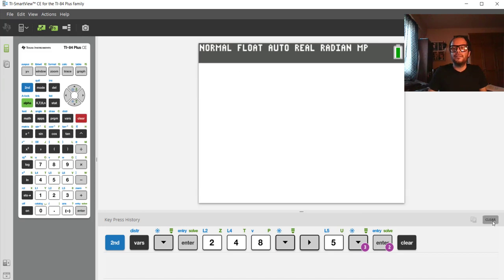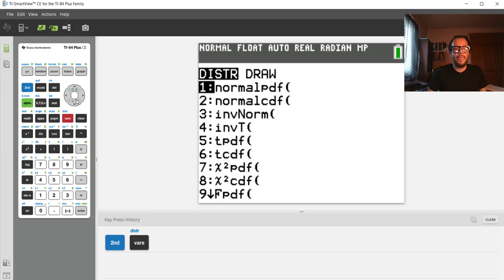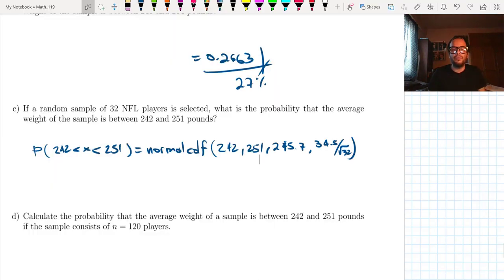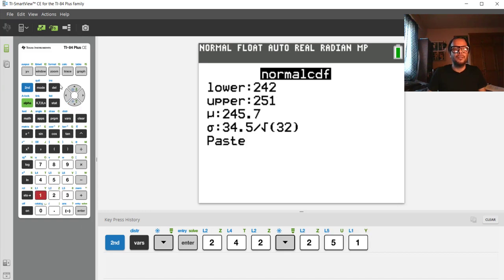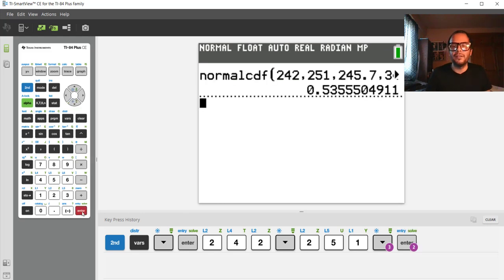Clear, second dist, Normalcdf, same parameters except the weights, which are 242, 251, scroll down, click enter on paste, and do the calculation.